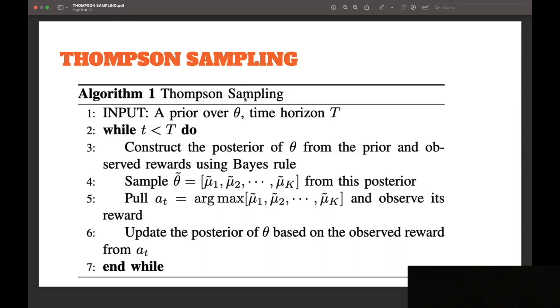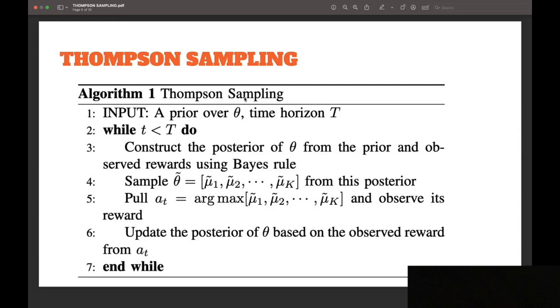Small t represents the current round we are in. So if small t is equal to 10, that means we have already played the slot machines 9 times, and we are at the 10th play.